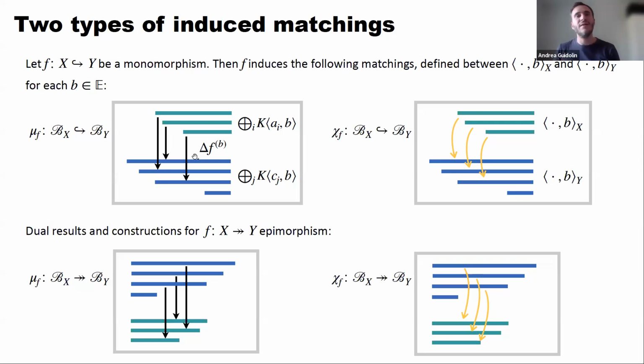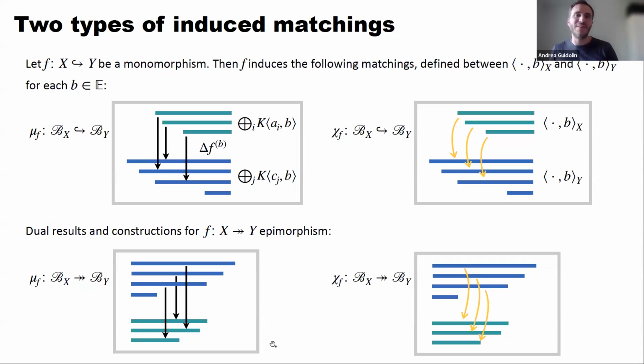So we apply this delta operator, and from these blocks, we can define the matching by using the structure theorem of block monomorphisms. And in the same situation, the matching by Bauer and Lesnick maps the largest bar to the largest bar, the second largest to the second largest, and so on. And I stated everything for monomorphisms, but there are dual results and constructions for epimorphisms. I'm not going to state them here.